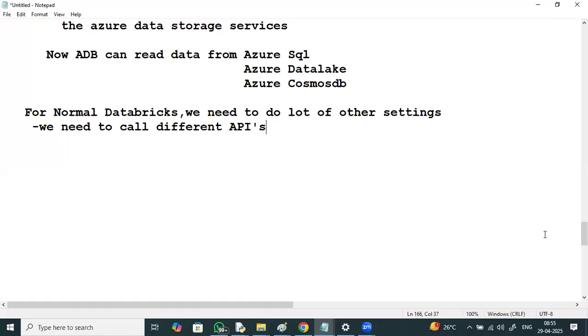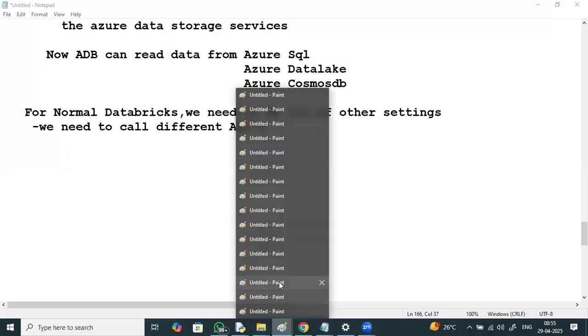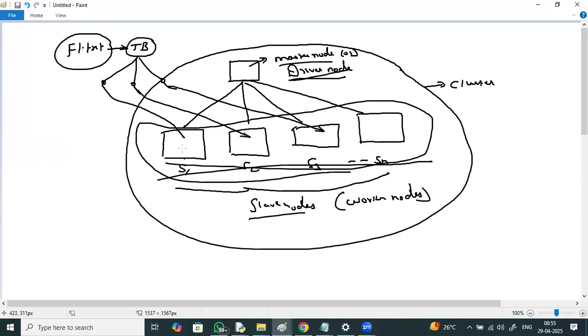And who is going to provide the logic? For example, you have your data distributed across multiple worker nodes. Check this diagram. This is one worker node, 1, 2, 3, 4. In this way, hundreds of nodes are there. Each worker node has some GBs of data.